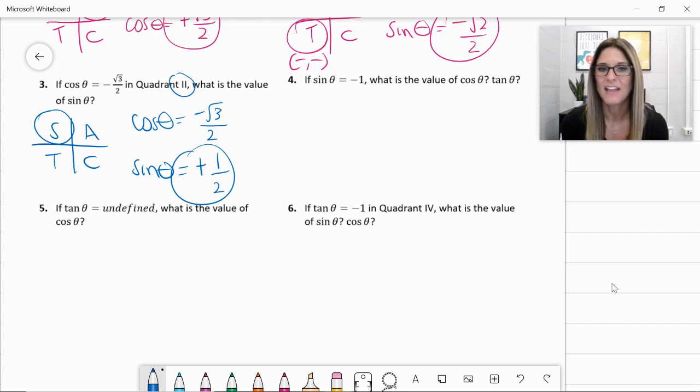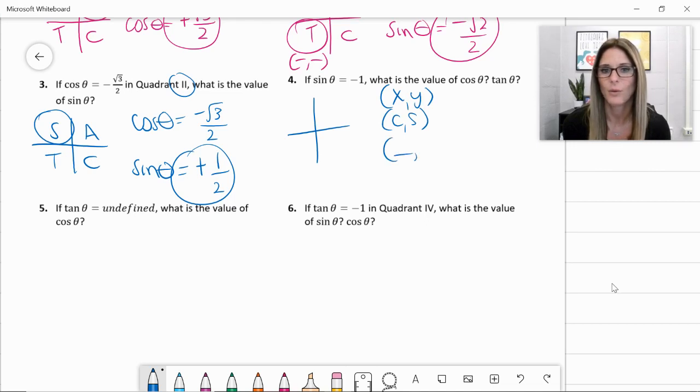Number 4, if sine theta is -1, what is the value of cosine and tangent? 2 questions that I've loaded here for us. So this one's a little bit different. Let me still sketch a coordinate plane. If sine is -1, now remember our ordered pairs are cosine and sine. So if sine is 1, let me go to a y value that is 1.